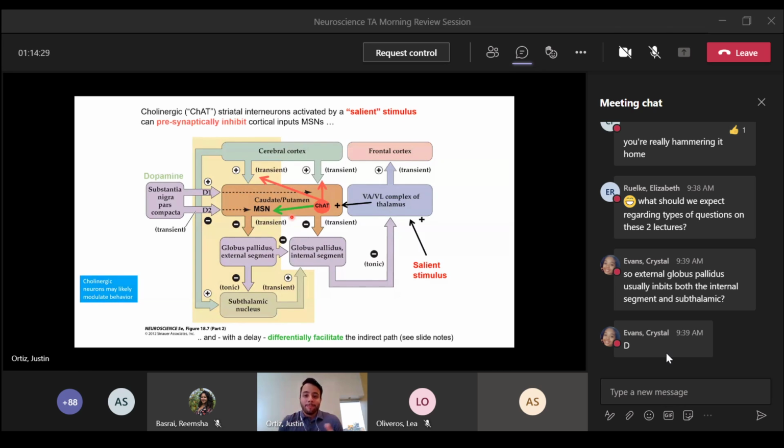So acetylcholine in the striatum is going to inhibit the inputs from the cerebral cortex to the striatum by inhibiting it presynaptically, right?